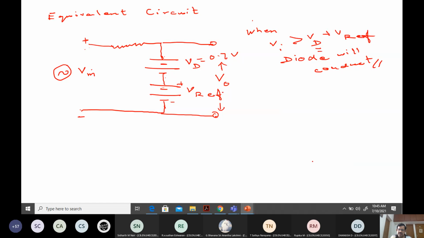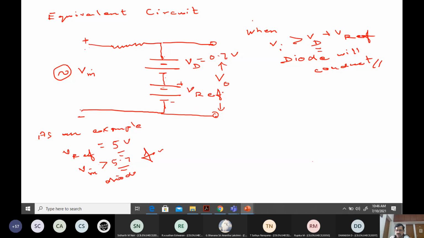You have to be very careful here. So when will the diode conduct? Take an example and think like that. As an example, you can take V reference 5 volt, which means the cathode will be at 5 volt always, and your input should exceed 5.7 for the diode to conduct.